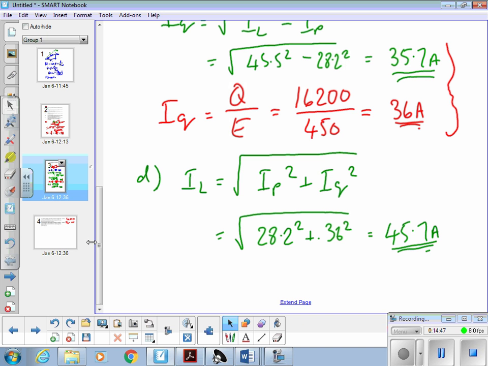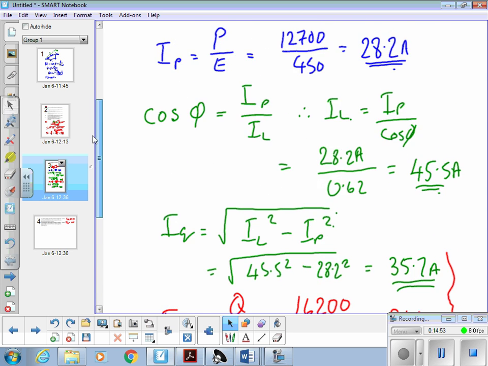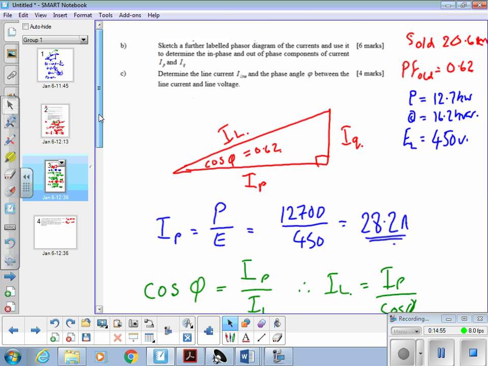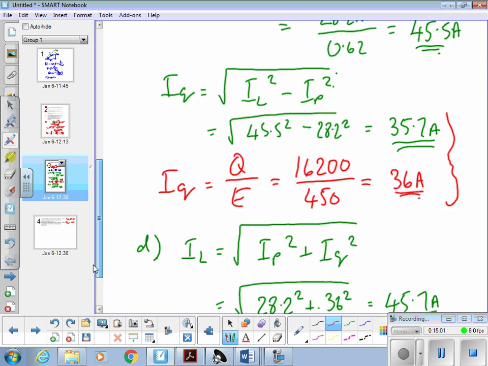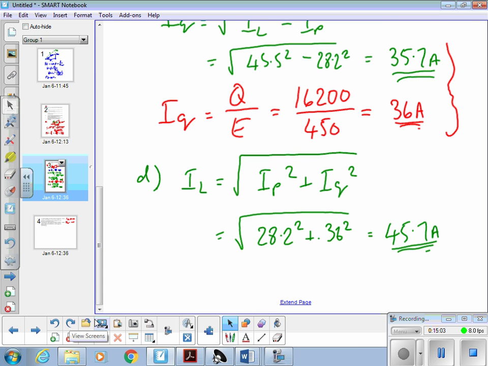Okay. Oh, hang on. Part C is this up here, isn't it? Oh no, sorry. These are B and C. I beg your pardon. So that one's B, and this is C. I've got me letters out of sync. So that's phase. So no, that's the current.